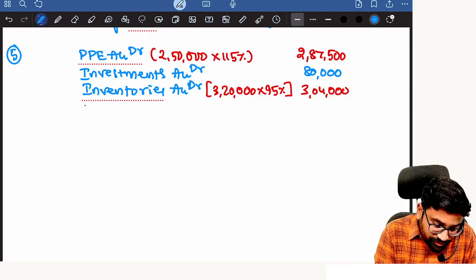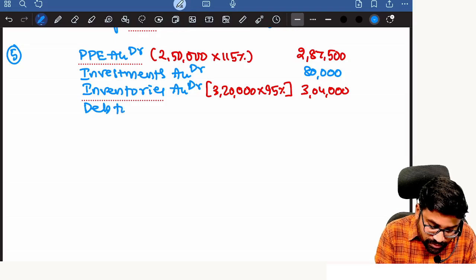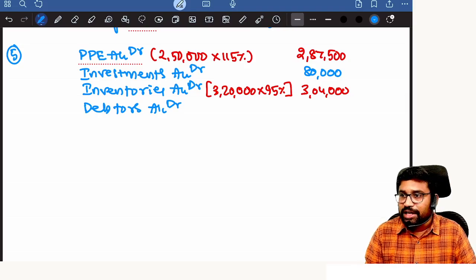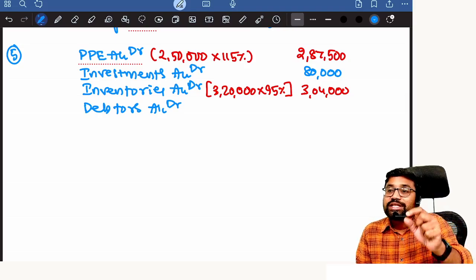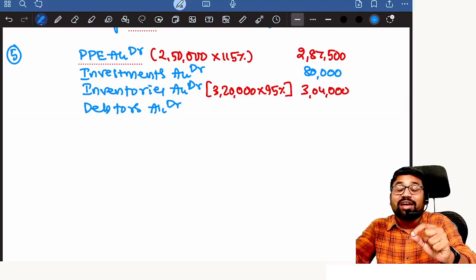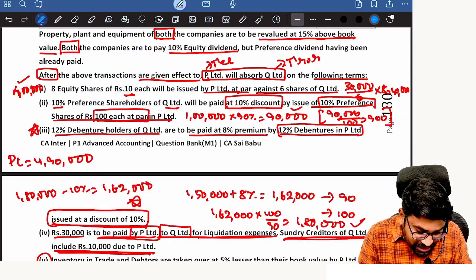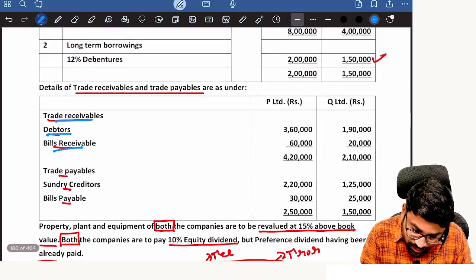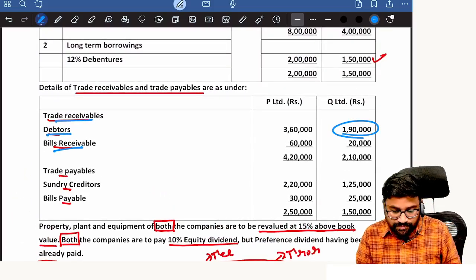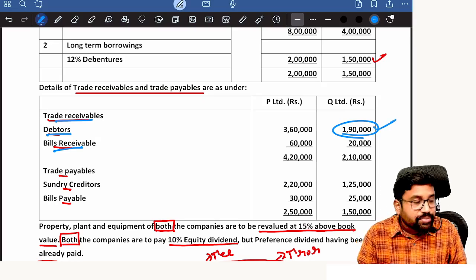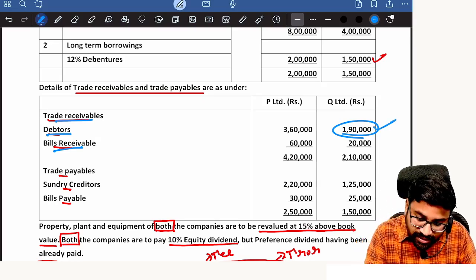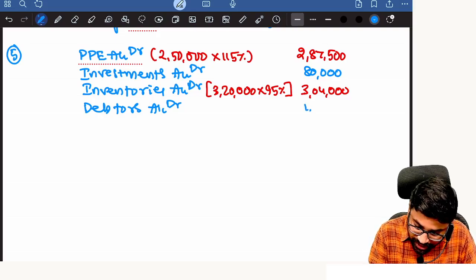Now important. First you take debtors. Sir, debtors are taken 5% below the book value. What I will do is that for the 5% I will create a provision and write it on the credit side separately. Here I will write the total value. What is the total debtors value? 1,90,000. See here, breakup given. So I will write here 1,90,000.